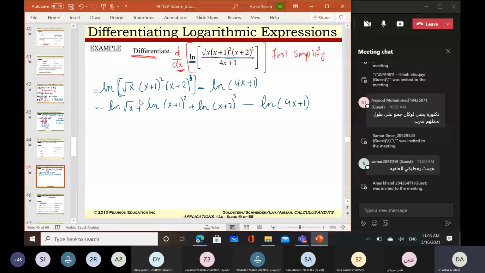Now I will deal with the exponents here. استخدم هنا خاصية لوغاريتم لشيء مرفوع الى اس.